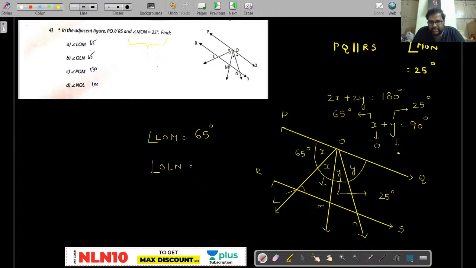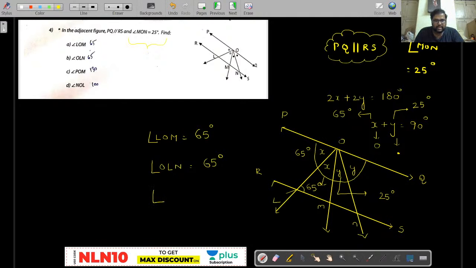By the points you have learned previously, interior alternate angles will be equal, as we see here. The condition is also given there. If this is 65, this will also be 65. So angle OLN will be 65 degrees. This is the point that you have to know: interior alternate angles are equal.